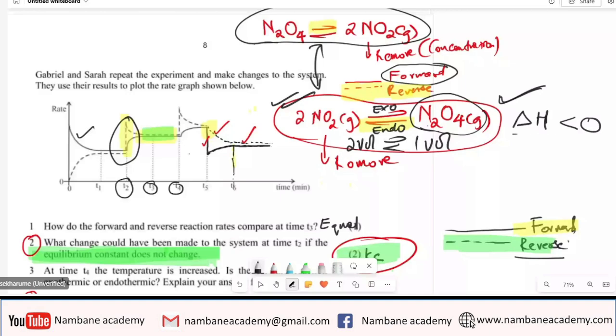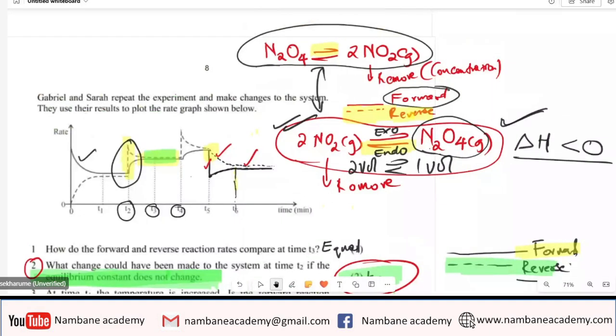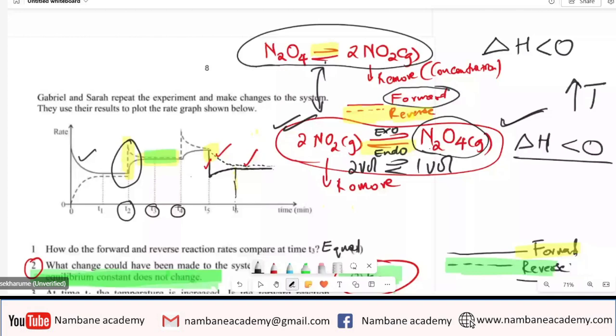But if you're using that one, let's check. If I'm saying delta H is less than 0 and I'm increasing temperature, I'm going to favor the reverse reaction, which is N2O4.